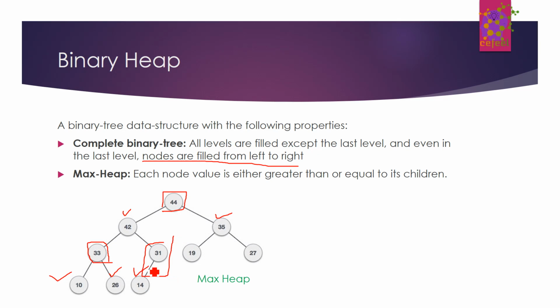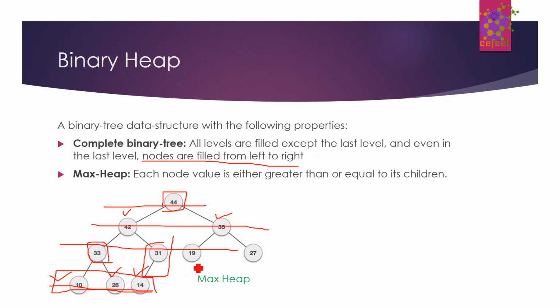It only has one child, but even if it has one child, it is greater than that. And also notice the property of the max heap. Every level is complete, level 1, level 2, level 3, and the last level is incomplete, and even in this level nodes are filled from left to right.